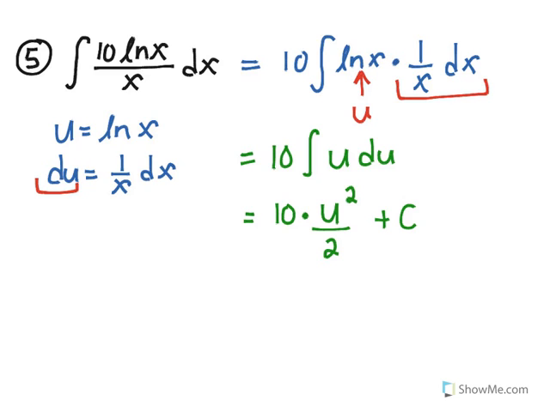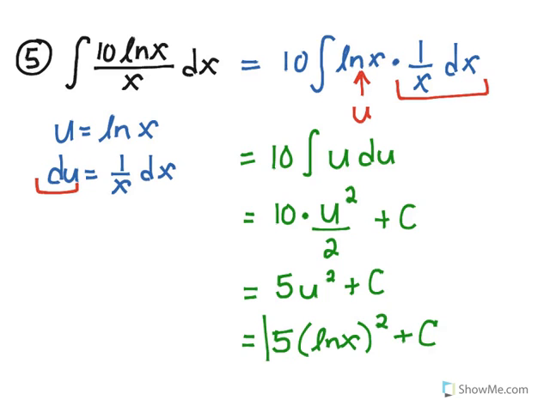So 10 divided by 2 gives me 5, so this is really 5u squared plus c. But then u was equal to the natural log of x, so our final answer will be 5 quantity ln x squared plus c. And that's our final answer.